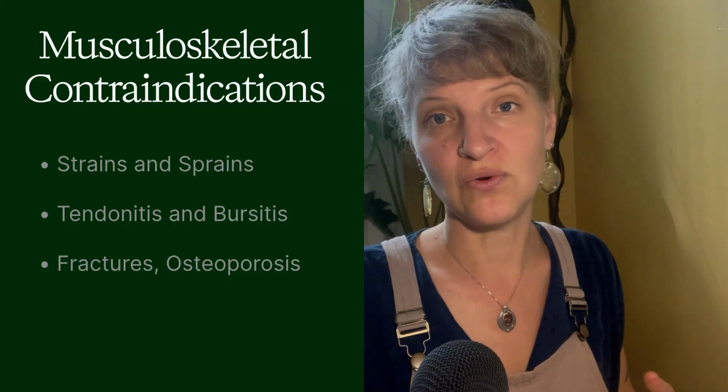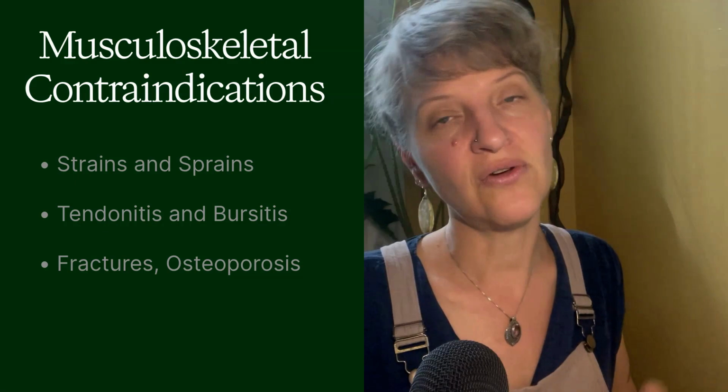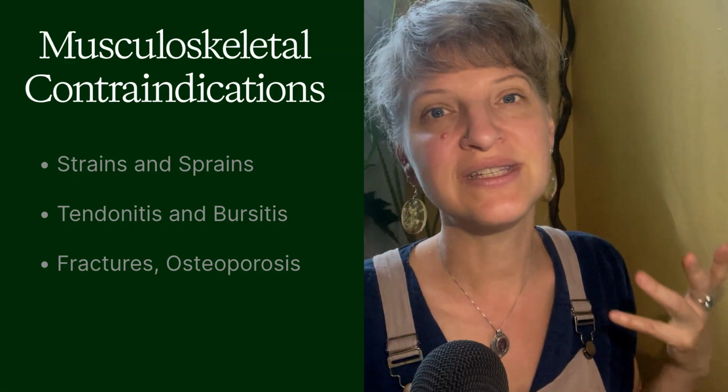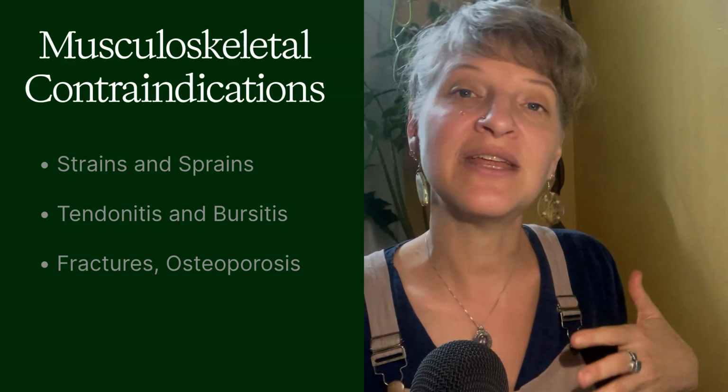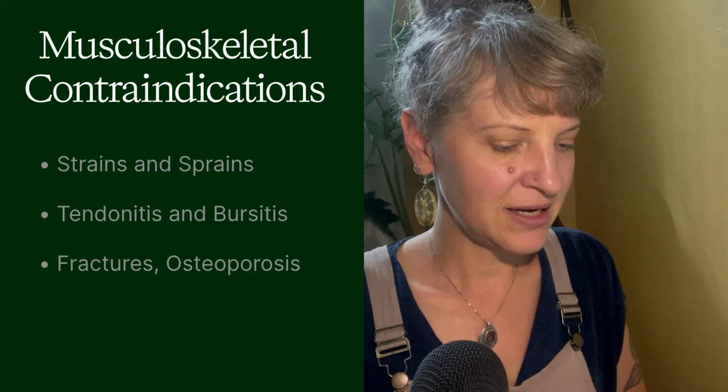And then if you go to do the passive range of motion test and there's nothing, then you know that it's not a strain. But a sprain will still be painful even in passive range of motion. And so that's how you can tell the difference.